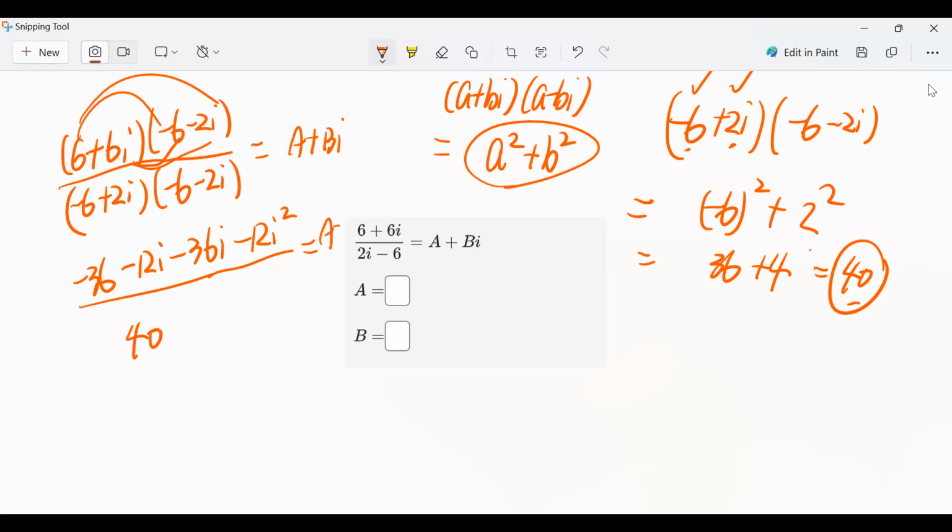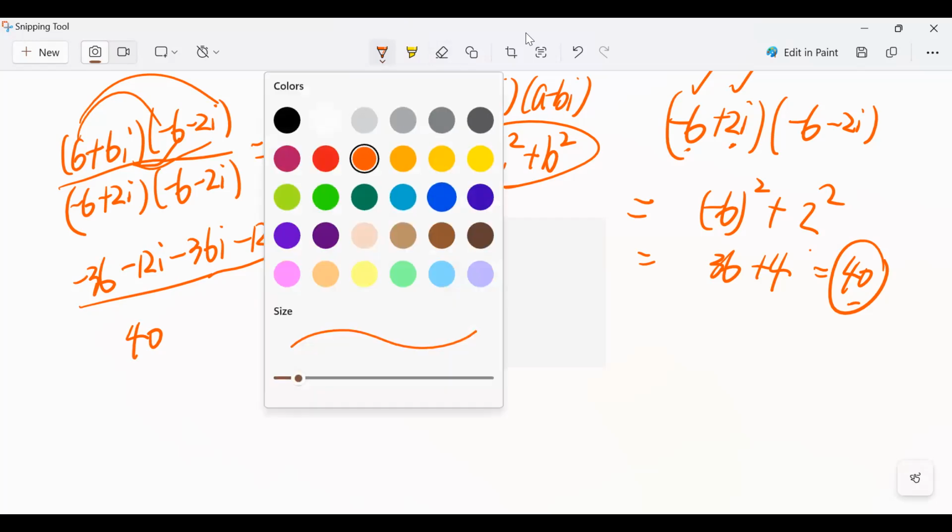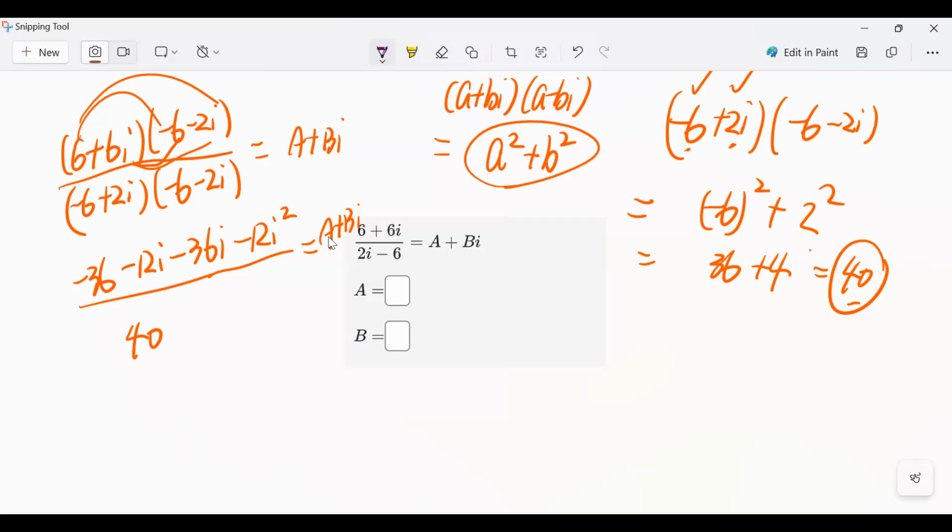And we're still going to do some simplification before we get the final answer. So here, combine the middle two terms: -36 minus 48i, and -12 times -1 is positive 12, over 40.